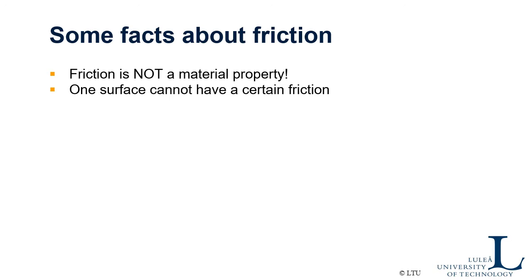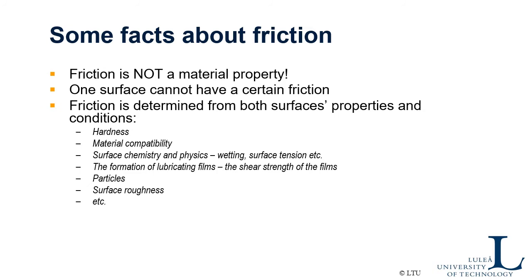We may say that an ice surface is slippery, but it isn't slippery in some cases. So you must take into account both surfaces' properties and the surrounding operating conditions in order to say if this is a low, medium, or high friction case.